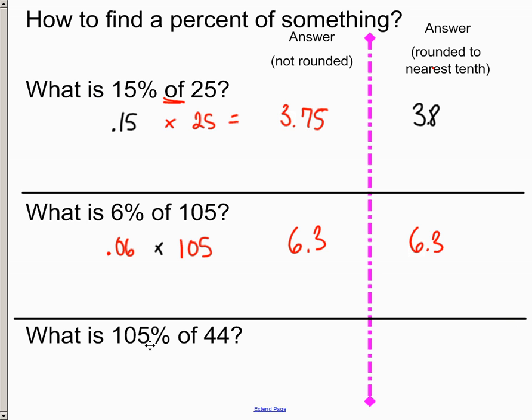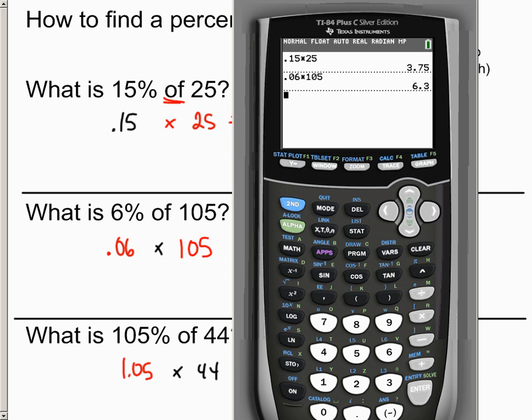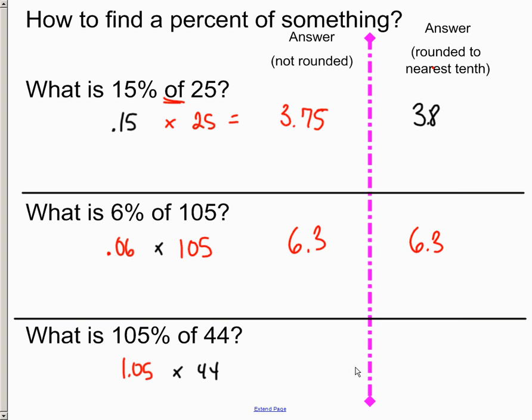And what about this one? It has 105% as a decimal. We move it over 2 times, and it's 1.05 times 44 is our problem. Before I hit enter to get the answer, look, if I multiply anything by 1, it's going to be at least that number. If it's 1 point something, a little bit bigger than 1, my answer should be a little bit bigger than 44.